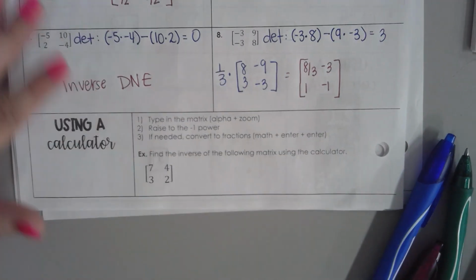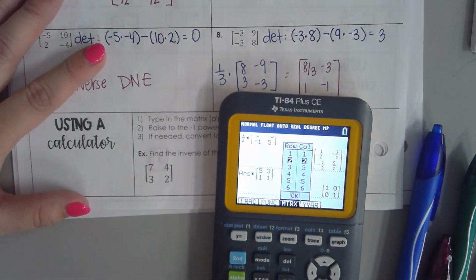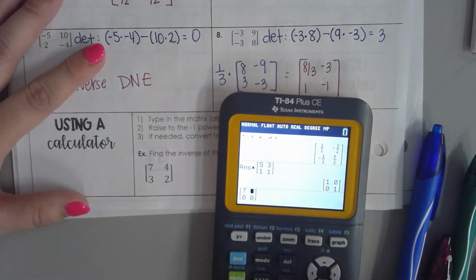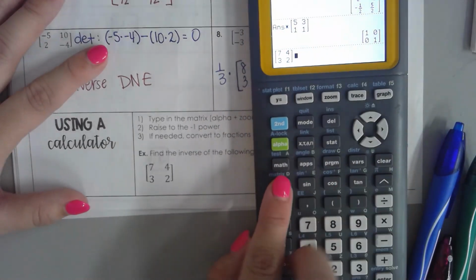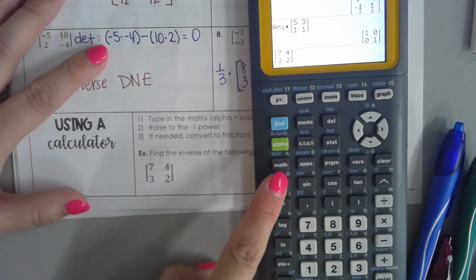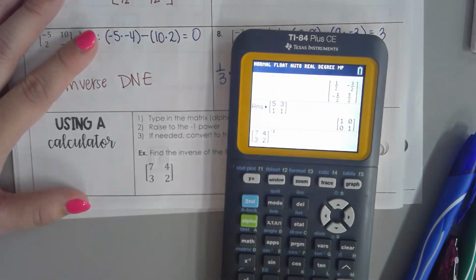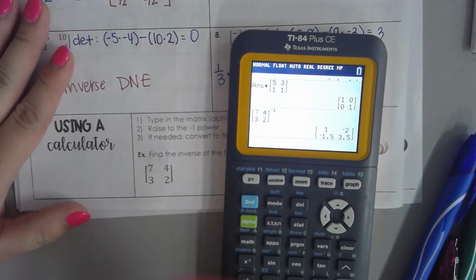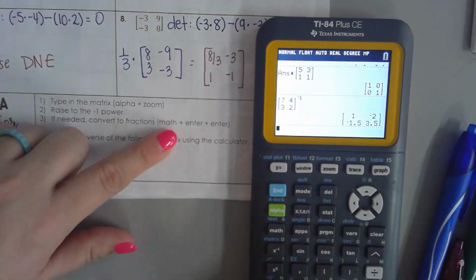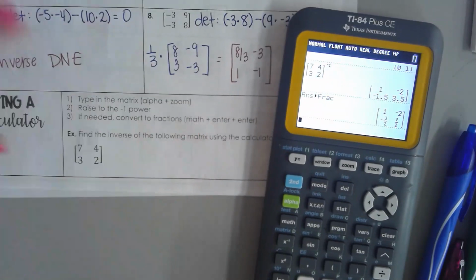You type in the original problem, 7, 4, 3, 2. And this button right here will give it a -1 exponent. And then you hit enter. It'll give you decimals, if there are decimals in it. So you can convert by hitting the math button, enter, enter. And it'll convert everything to fractions.